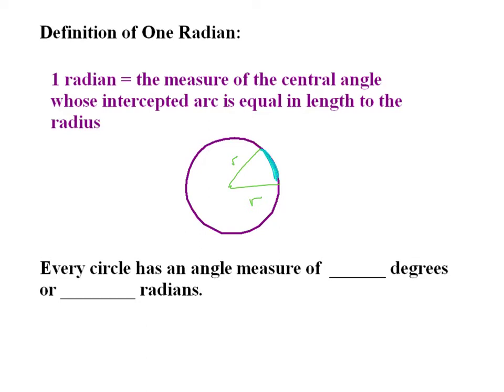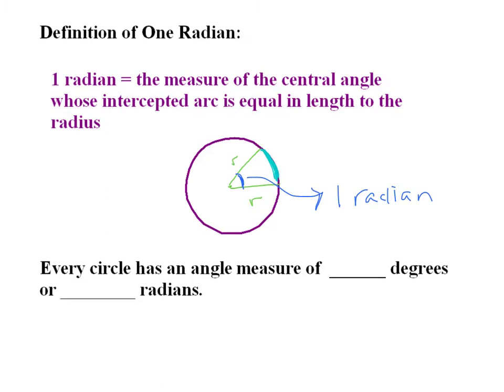If that blue arc is equal in length to the radius, then this angle right here is going to be considered 1 radian. So again, when the length of my arc and the radius are equal to one another, the angle that is formed is considered to be 1 radian.